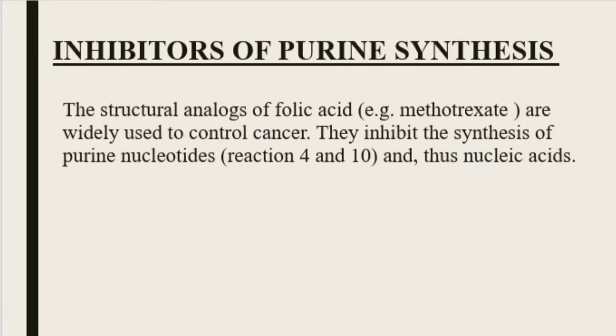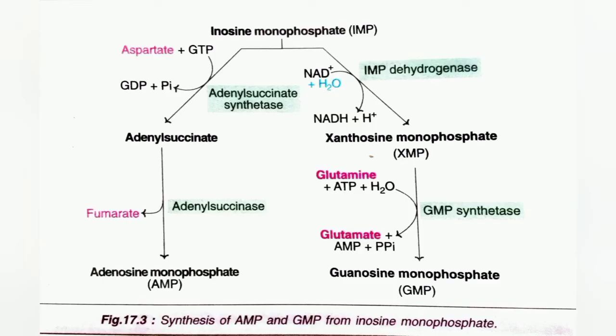Next, let's look at the inhibitors of purine synthesis. Structural analogs of folic acid are widely used to control cancer, and they inhibit the synthesis of purine nucleotides. The given pathway represents the synthesis of AMP and GMP from inosine monophosphate, that is IMP.